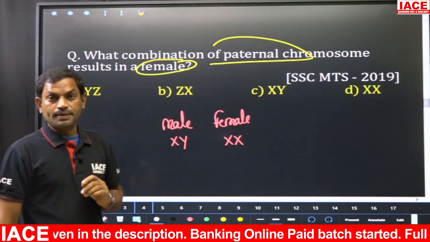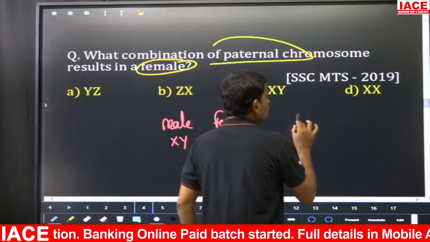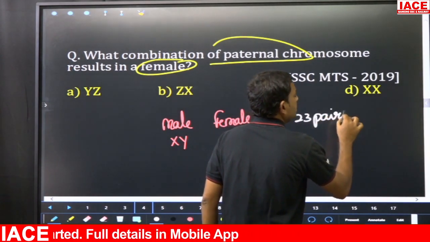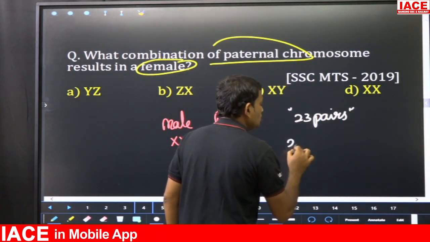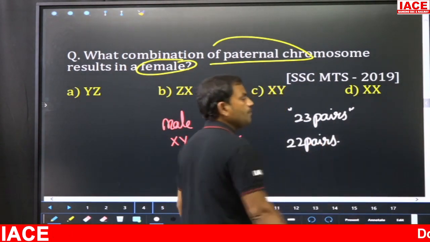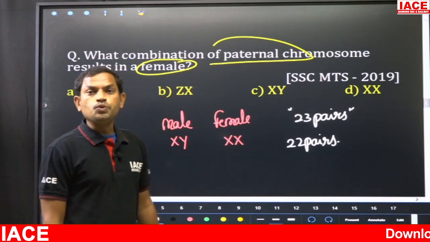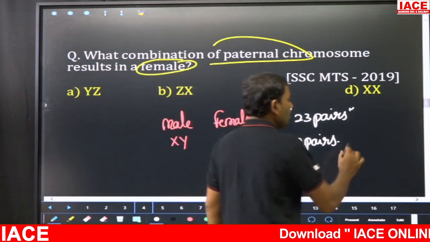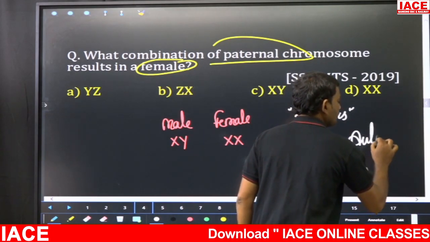Out of these 23 pairs, 22 pairs of chromosomes are common in both male and female. Those 22 pairs are called autosomes.